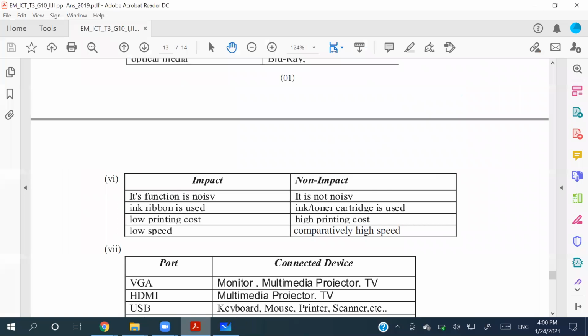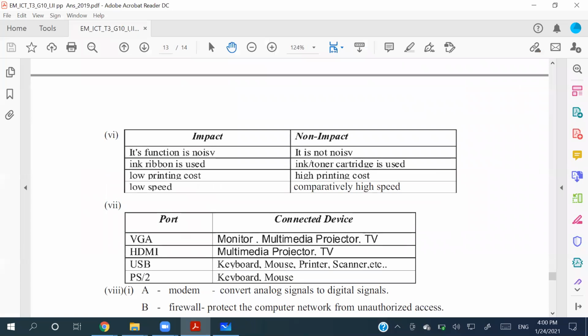Right, and someone said something else as well. Dulagi, you said work by striking a head or a needle against an ink ribbon. Yes, you can take the mark for that as well.